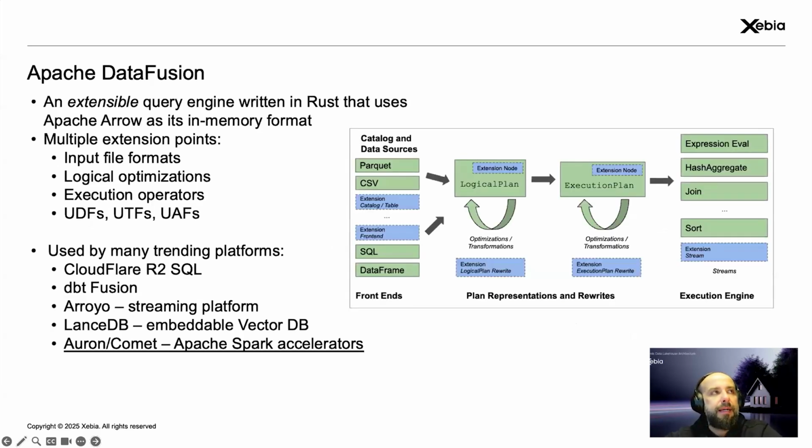The other project that I would like to highlight today is Apache DataFusion. Apache DataFusion is basically an extensible query engine written in Rust that uses Apache Arrow as its in-memory format.